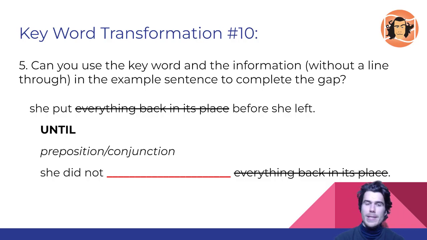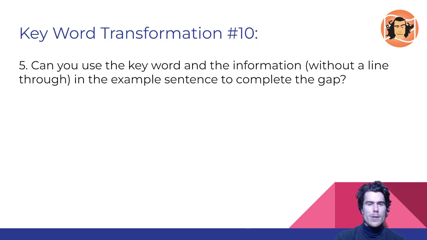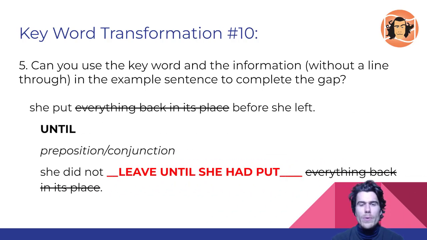Okay, so hopefully you've done that. So I put the words leave, which is similar to left in the example sentence, until, our cue word, she, which is also in the example sentence, and had put, and we have put in the example sentence.